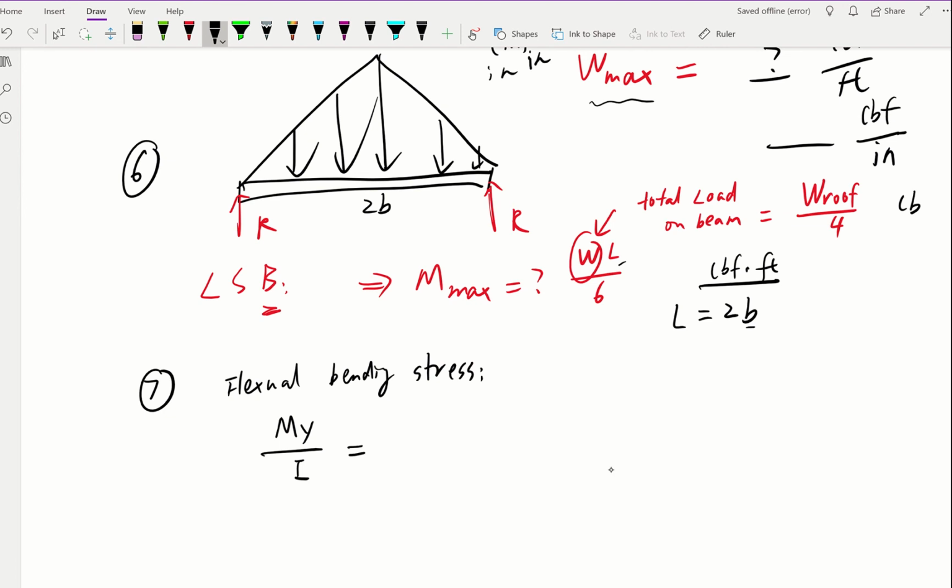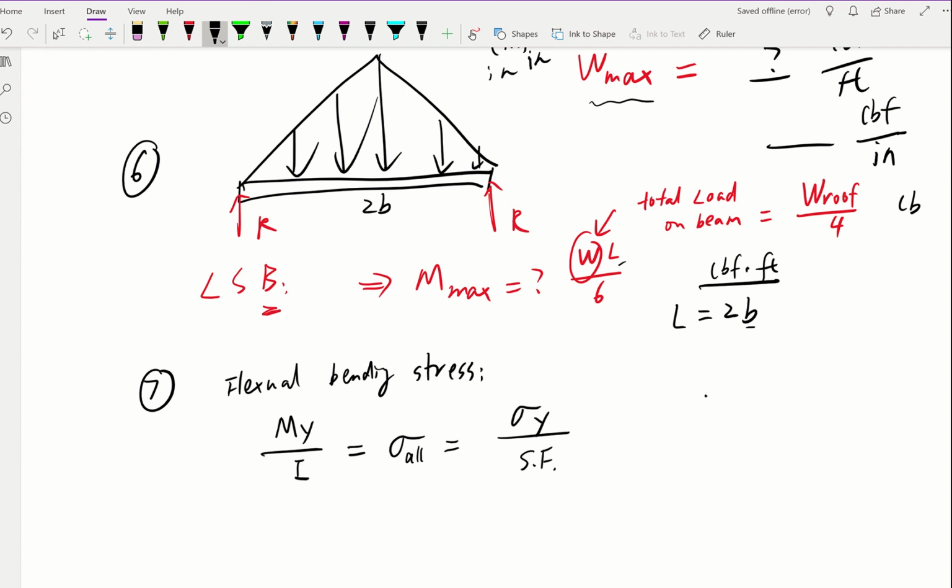And that's going to be your maximum stress this Douglas fir lumber can take. So that's going to be your normal stress and allowable. And this allowable is going to be the yield strength over the safety factor.